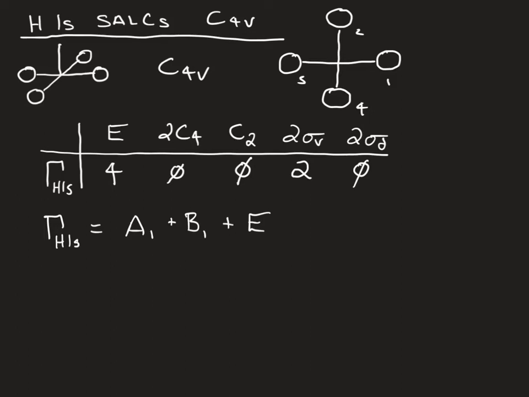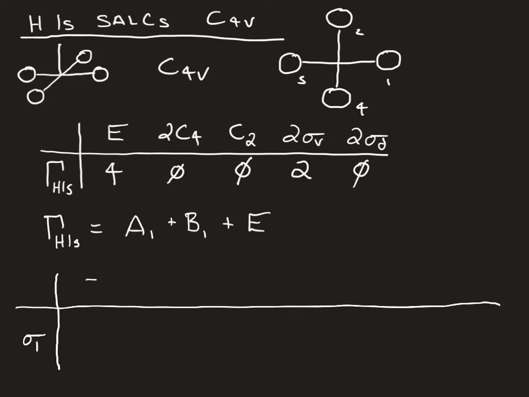And what we're going to do is we're going to project out by focusing on this hydrogen 1s orbital here from H1. So what we need to do is we need to determine how every single one of those symmetry operations changes H1. So we can no longer work with just one operation in each class. So with E, it stays in the same place, so it's sigma 1.